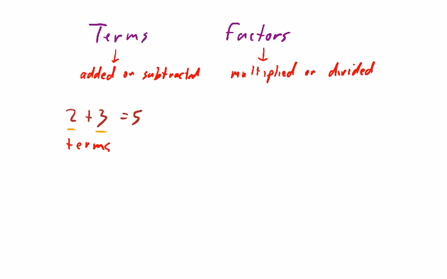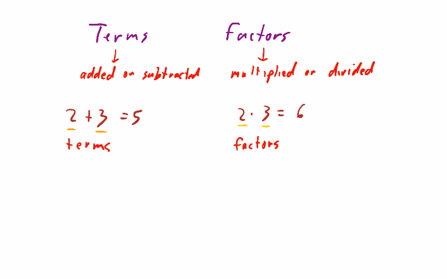So this has two terms on the left-hand side of the equation. If, on the other hand, I had 2 times 3 equals 6, we would then refer to the 2 and 3 as factors. So there would be two factors on the left-hand side of the equation.